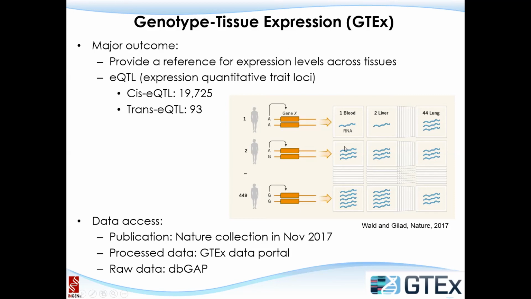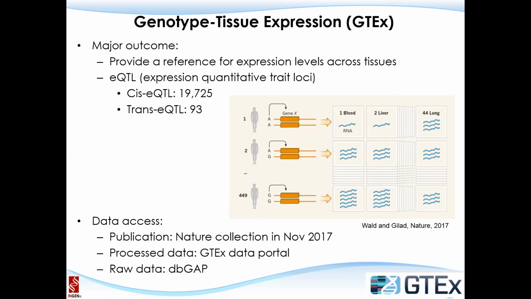Then for different tissues they have measurements of gene expression levels, and they can do the association between this genotype and the gene expression levels in different tissues. They will see whether it is associated with expression levels in blood, or in liver, or in lung, or all of them.